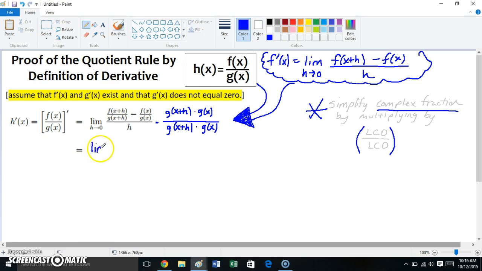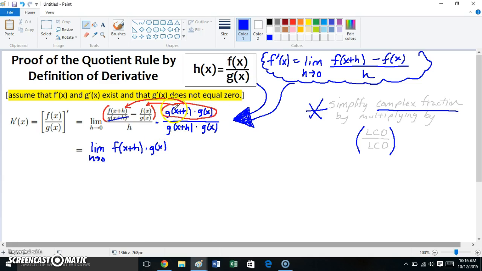Let's go ahead and simplify a little bit. If I multiply the numerator by g of x plus h times g of x, I'm going to multiply each of these pieces by that LCD. Okay, in the first term, the g of x plus h is going to drop out, and I'll be left with f of x plus h times g of x.